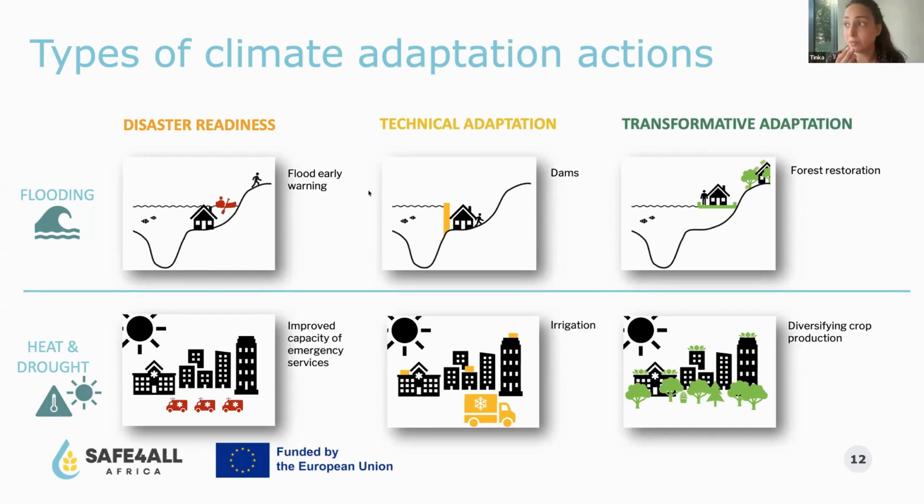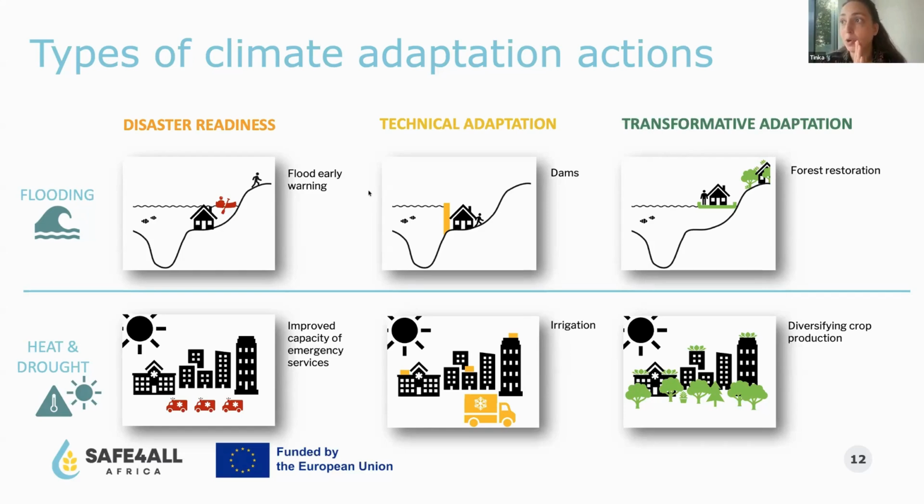For technical adaptation, we can think about measures to minimize the impact, but they are technical measures. For example, for flooding, to prevent our houses or fields from flooding, we can build dams. Or to prevent our crops from failing because of drought, we can implement irrigation. So they prevent the impacts for some part, and they are more technical in nature. And then the last category is transformative adaptation, and there we really transform the system, and we often use the qualities of the nature itself.